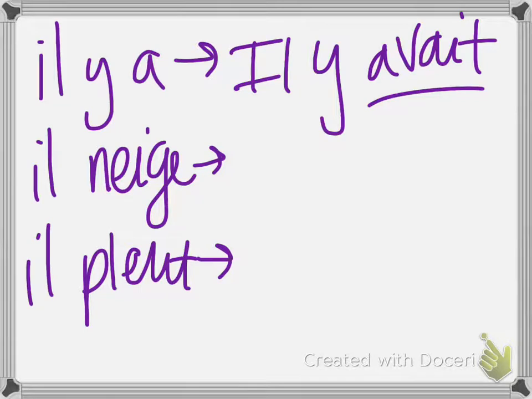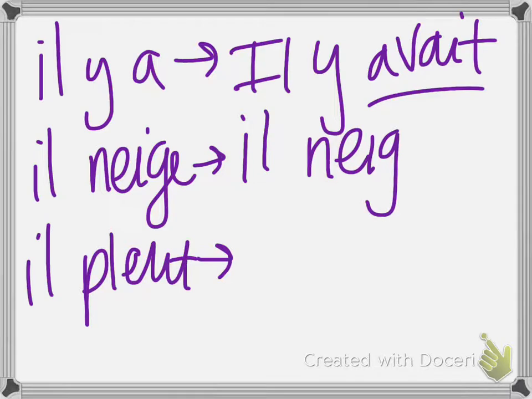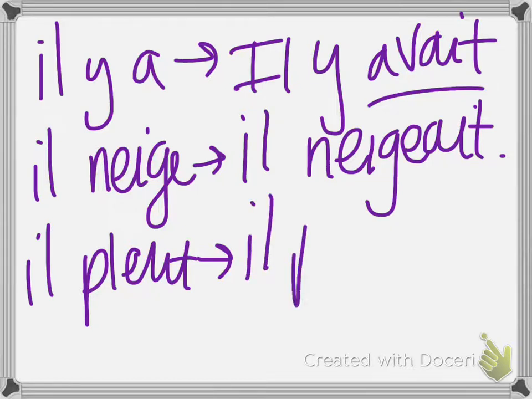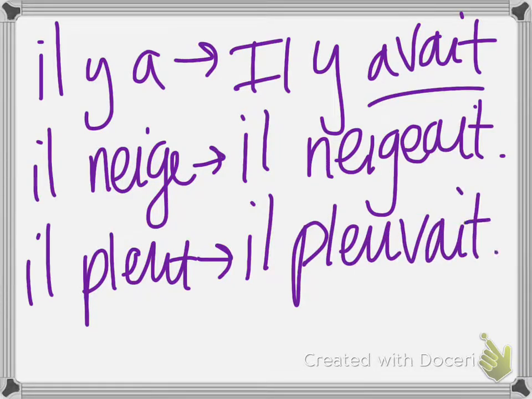Il neige, notice, it's a GER verb, so instead of saying it snows, we say it was snowing, and we have to keep that E. And then for il pleut, instead of it is raining, we say it was raining, il pleuvait. And again, we'll go into more details about when you use the imparfait and how you use it in the future, but for now, just get comfortable with these expressions and the conjugations.